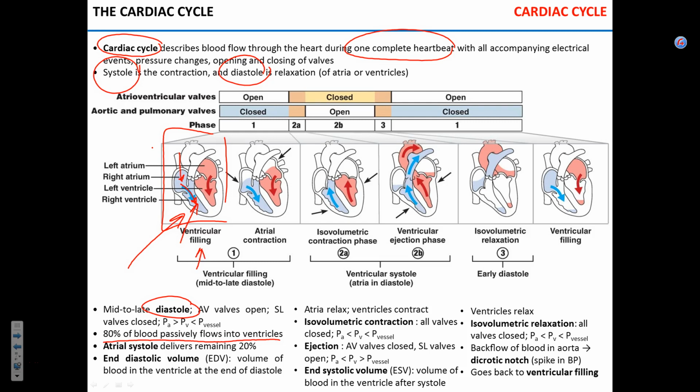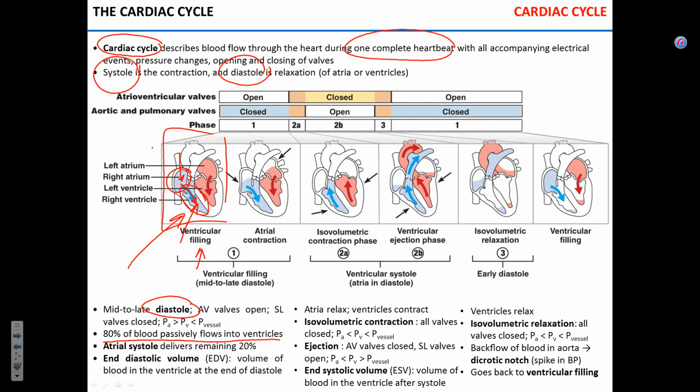Now let me ask you a really important question. What keeps the tricuspid valve open during this process? What opens and closes valves? Blood flow is secondary. It's not flow, but pressure. Pressure of blood. So, for the tricuspid valve to be open, what should be the pressure relationship between atria and ventricles?